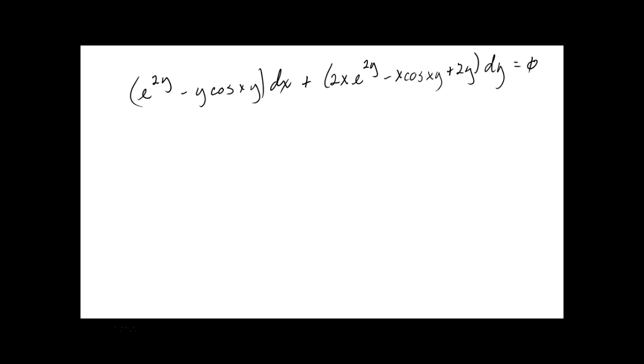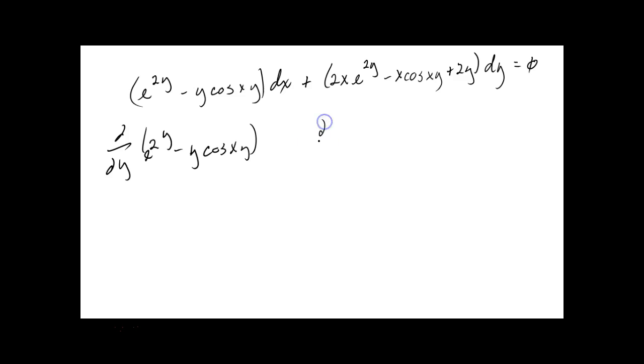I don't know what you mean by do the dx. Instead of doing the e to the 2y minus y cosine xy, we're going to do the dy of that one, and the next one we're going to do the dx. Okay. By the d, you mean the partial. The partial. Got it. So we're going to do the partial of this first one with respect to y, e to the 2y minus y cosine xy.